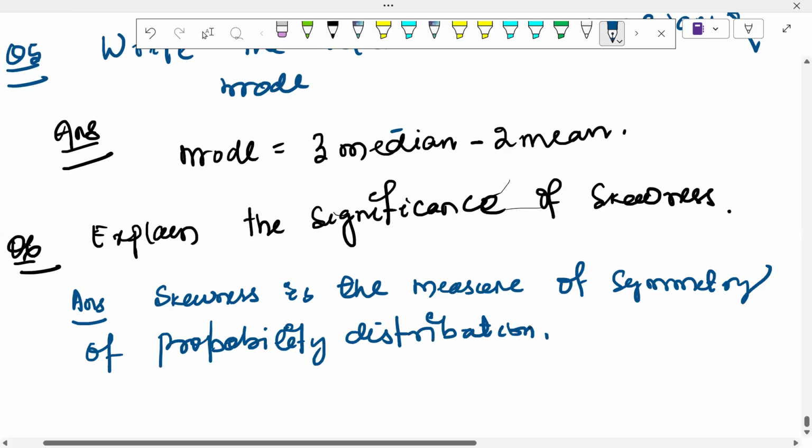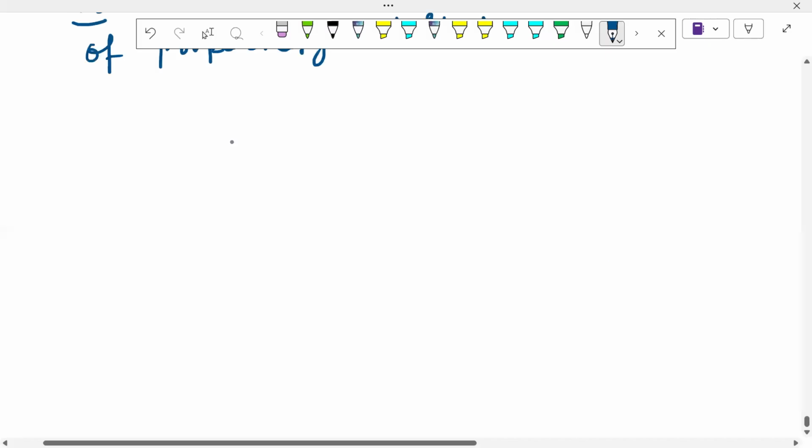Some significance includes understanding the data distribution and the impact on statistical analysis.